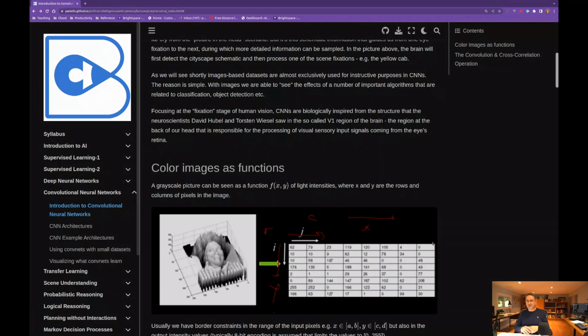I think we had some discussion about images before, and a black and white, or grayscale, image, as you see here, is a matrix whose elements are integer numbers. Typically each element corresponds to a pixel.